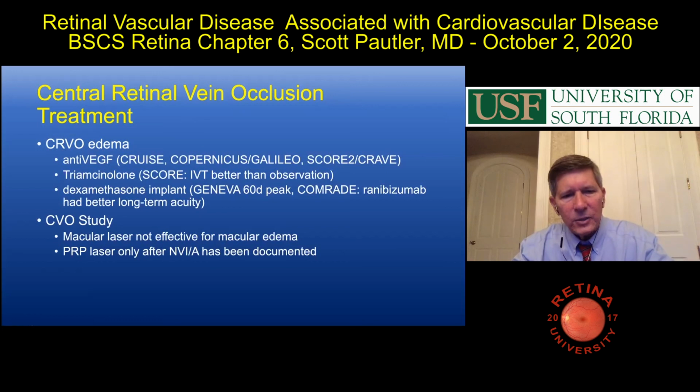And PRP laser is basically effective after you have neovascularization, after it's been documented, though there have been some recent studies that question that. And I think there are patients who have severe ischemia who are at so high risk of developing neovascular complications, and their acuity is poor, that it's reasonable to treat those patients. Explaining, of course, to them that you're not treating to make the vision better, you're just trying to keep the eye from becoming blind and painful.